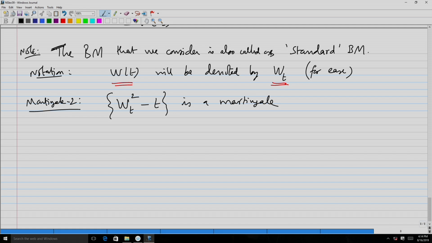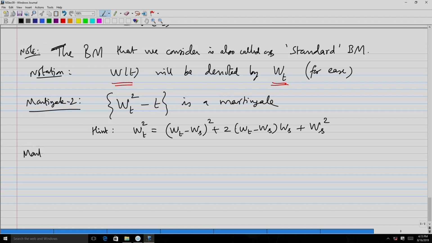Now, the hint for proving this is you write this Wt squared as Wt minus Ws squared, plus 2 times Wt minus Ws into Ws, plus Ws squared. You know what we have done here, add and subtract Ws and then appropriately keep this. Now, if you apply your property, then you will be able to show immediately that this is a martingale.